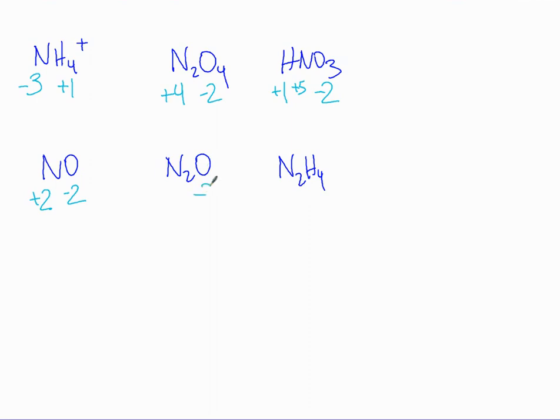In this one, oxygen is negative 2, which means that we have a total of positive 2 for nitrogens, which makes each individual nitrogen plus 1. Over here, hydrogen comes before nitrogen. Hydrogens are plus 1. That would make this side plus 4, which means this side needs to be negative 4. 2 nitrogens makes it negative 2.